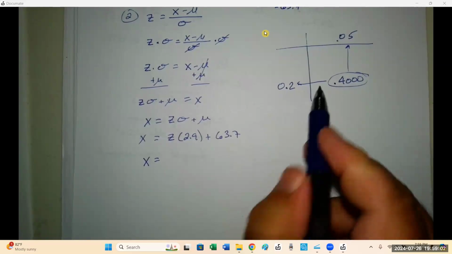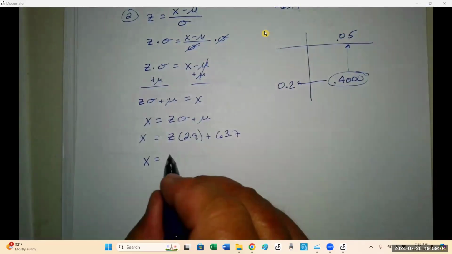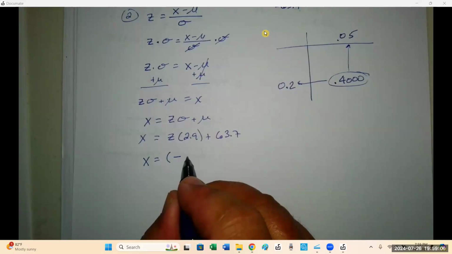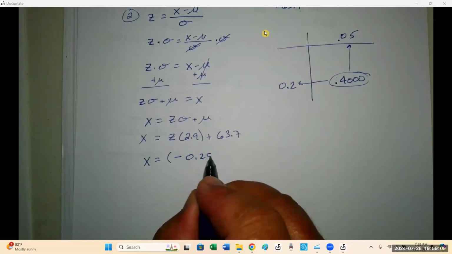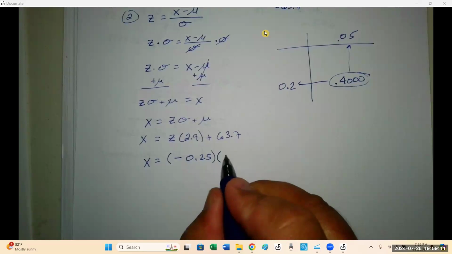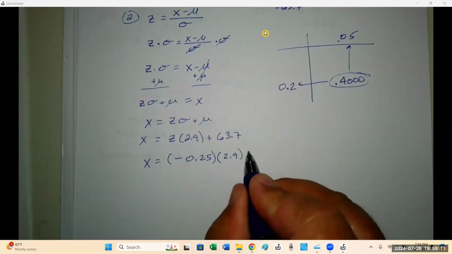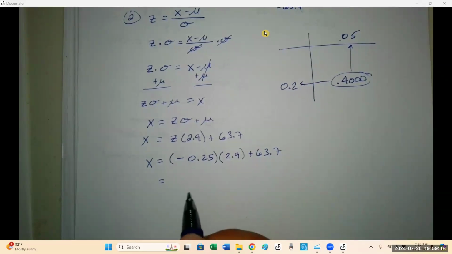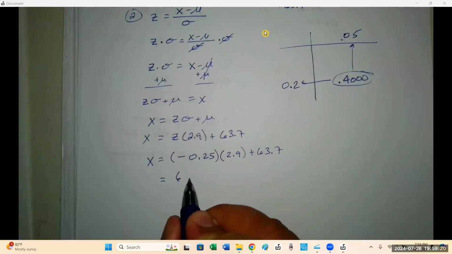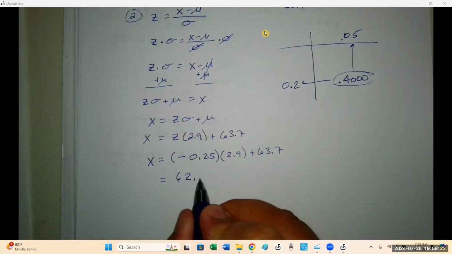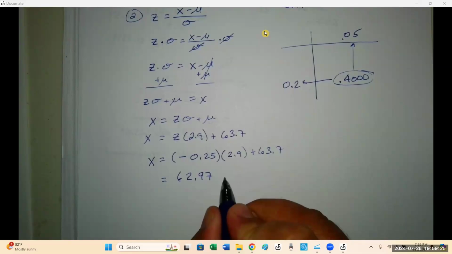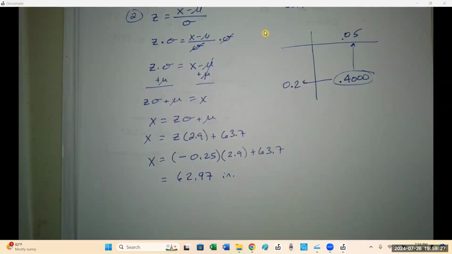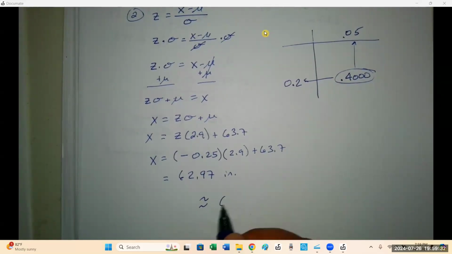But since it's to the left of the mean, it's got to be a negative 0.25 times 2.9 plus 63.7 equals 62.97 inches. So what we would do is roughly around 63 inches.